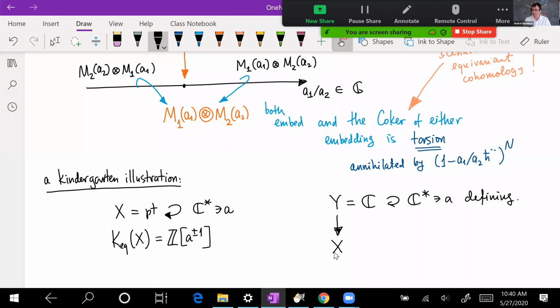This is a projection to X, and the pullback with respect to this, very easy to see, is an isomorphism. Pullback gives an isomorphism. So the equivariant K-theory of Y is also the same thing.